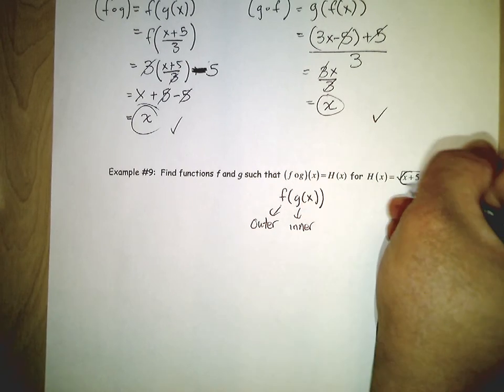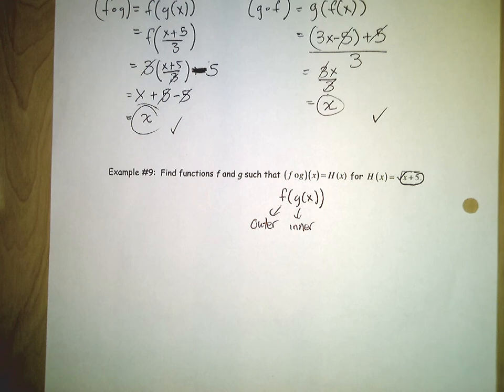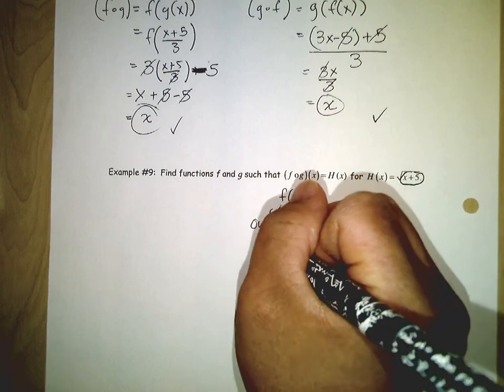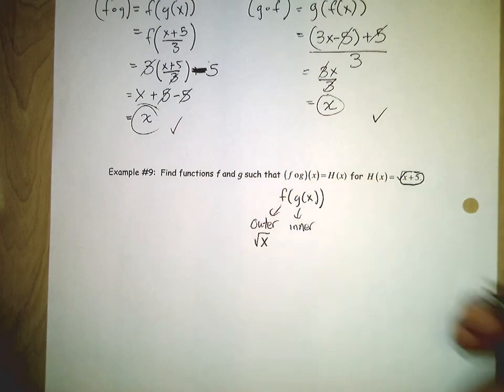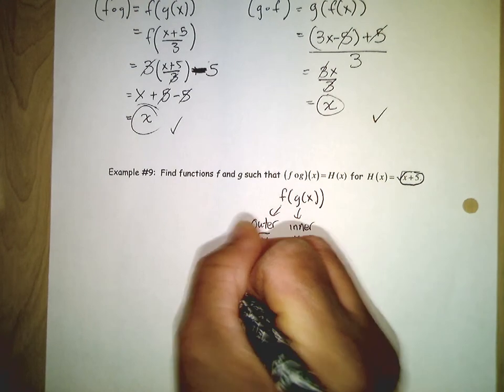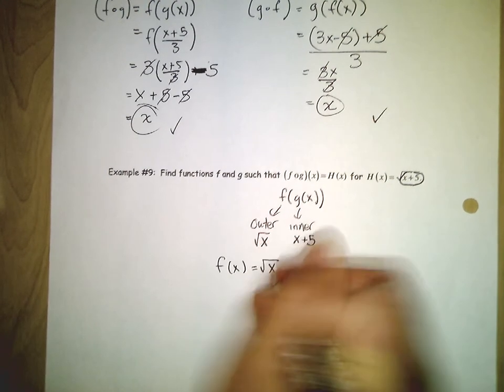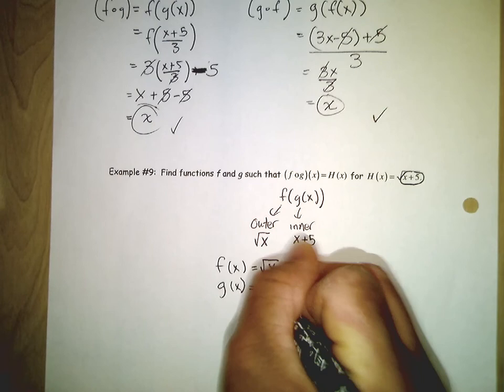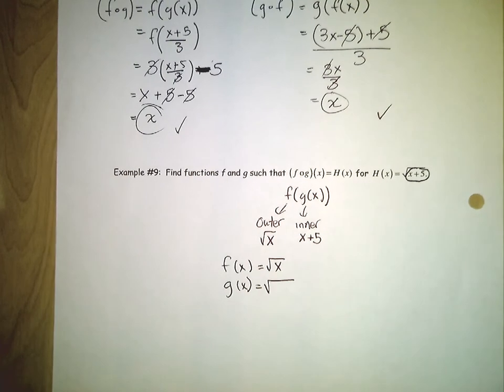So we see that here x plus 5 is inside of the square root. So the outer function is square root of x and the inner function is x plus 5. So f of x is square root of x and g of x is just x plus 5.